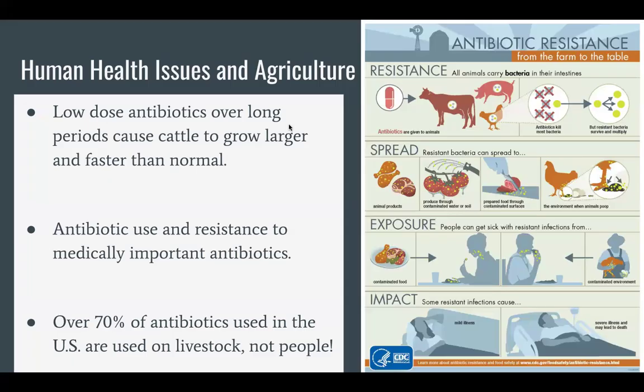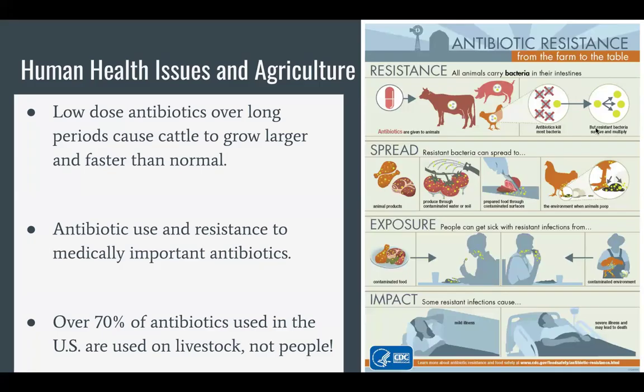So we give these antibiotics, which are not necessary, to livestock, and the antibiotics kill almost all the bacteria, but there's always going to be a certain amount that have some kind of genetic resistance to this antibiotic. Those that do have the resistance multiply. And now you have more and more bacteria that antibiotics don't affect.